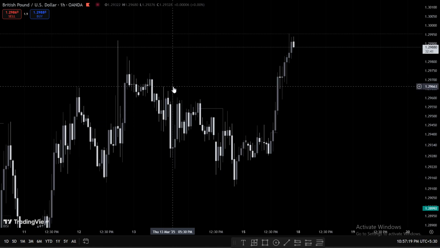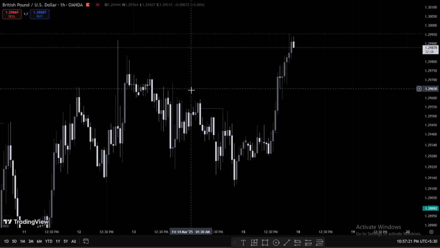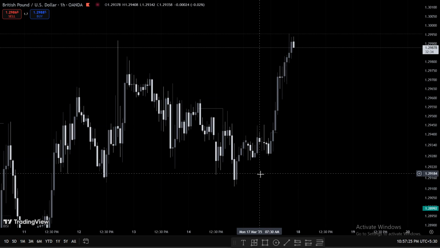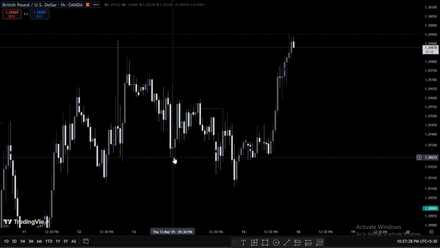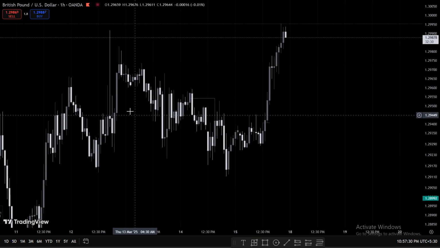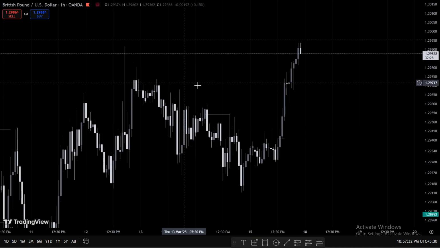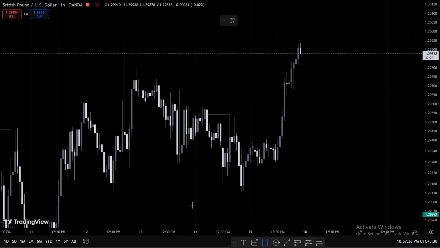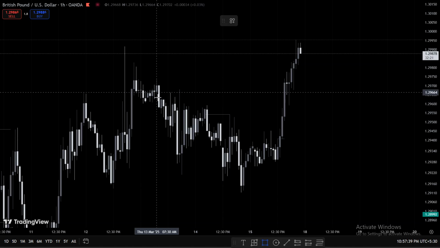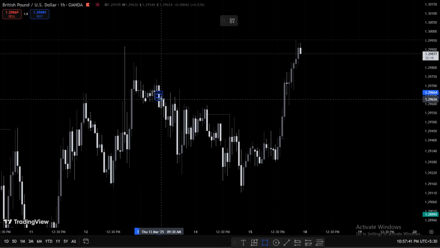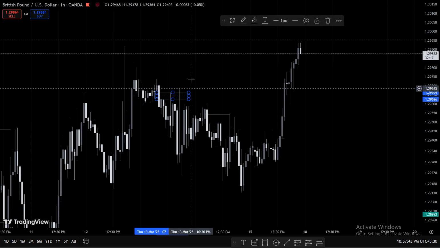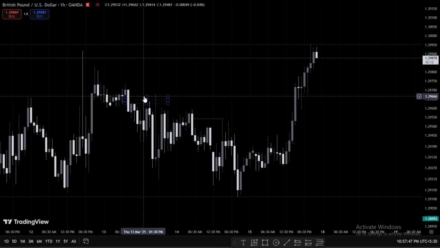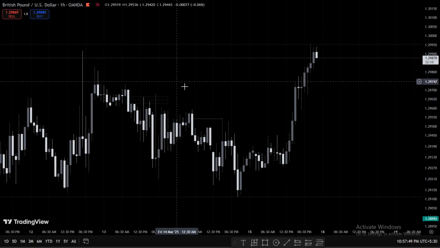There was this fluctuation in price in the London session of the 13th of March. I guess it was to give traders a delivery into the fair value. So this would have been a good trade. Even if we were to short here, it was a good trade.